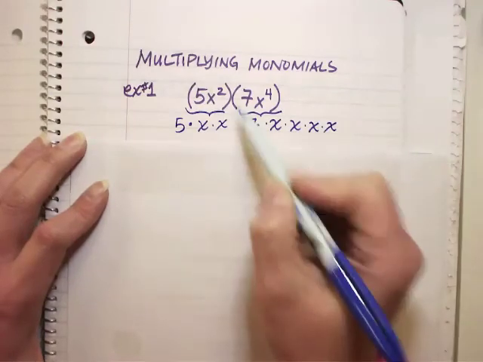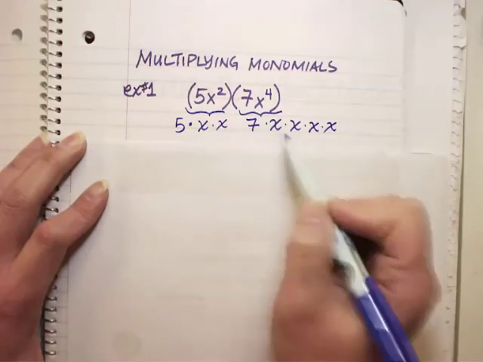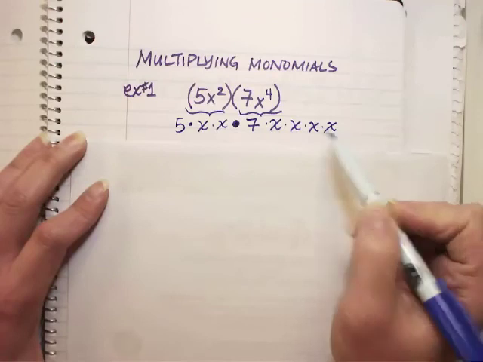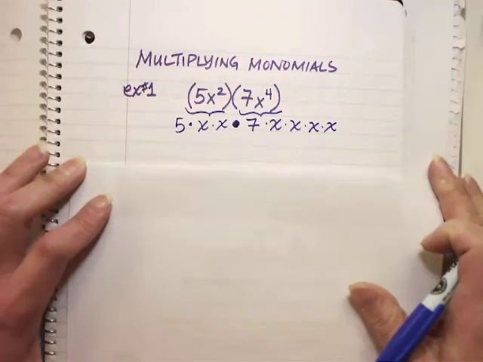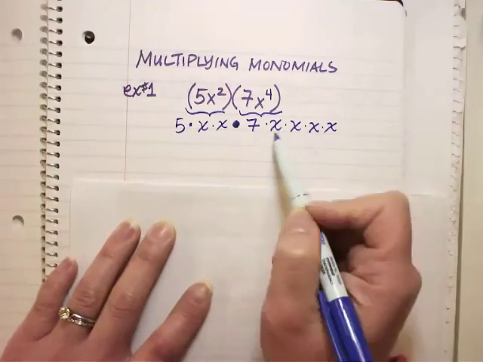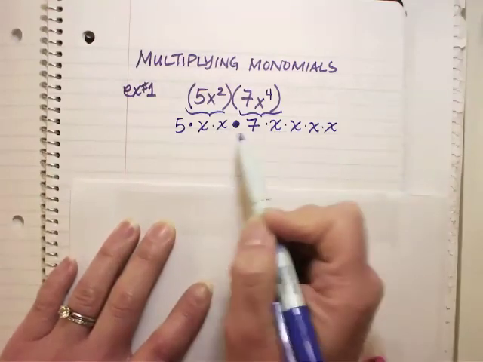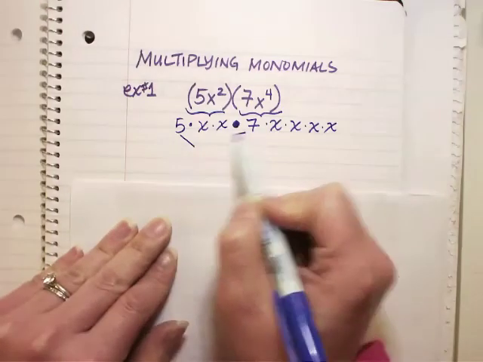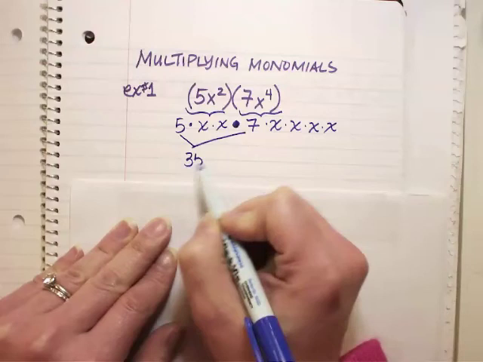Remember that when they're in parentheses, it means that you're going to multiply these two together. So I'm actually multiplying this part with this part. So what I could do is shuffle this around. We have the commutative property, which allows us to move around what we are multiplying and not change the outcome. So I can multiply 5 times 7, which gives me 35.